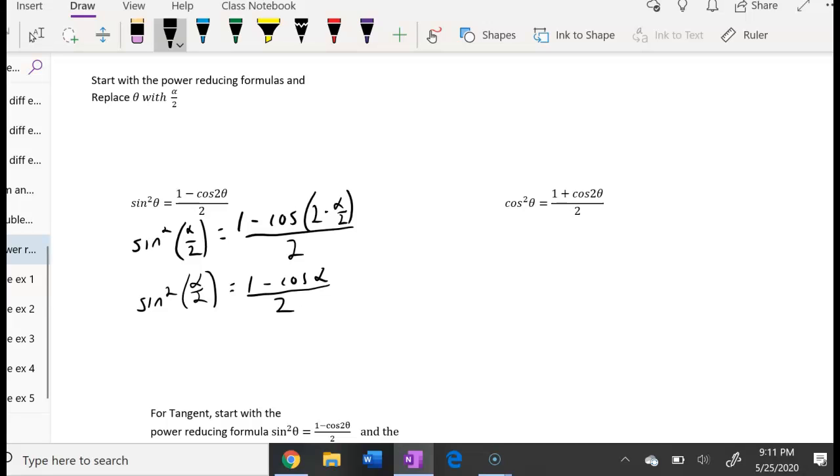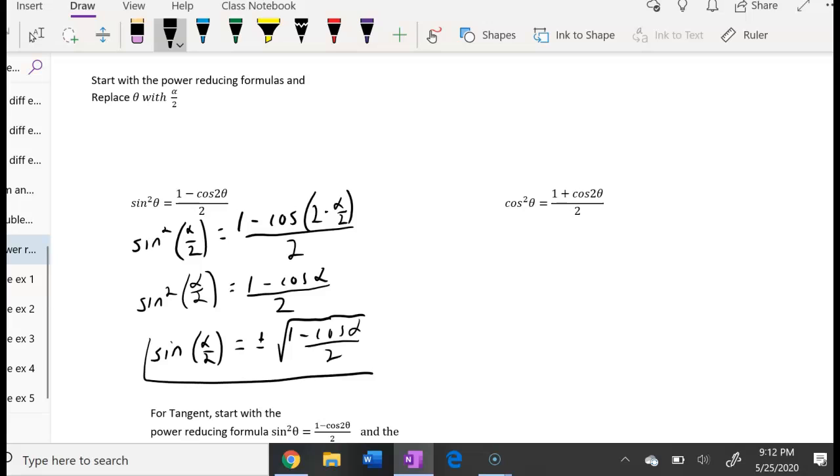Now we take the square root of both sides, so we get the sine of alpha over 2 is equal to plus or minus the square root of 1 minus the cosine of alpha over 2. And there's the first half-angle identity.